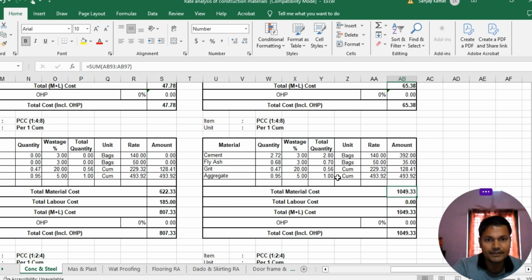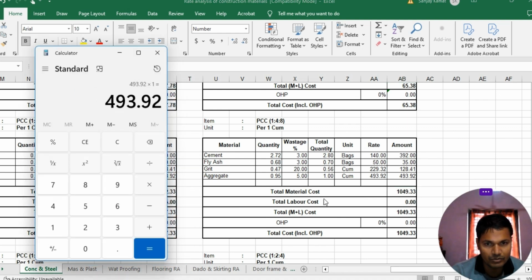Okay, after writing this, we will sum all the values. The total material cost will be how much? Let's check whether this value is right or wrong. 392 plus 35 plus 128.41 plus 493.92 equals 1049.33.